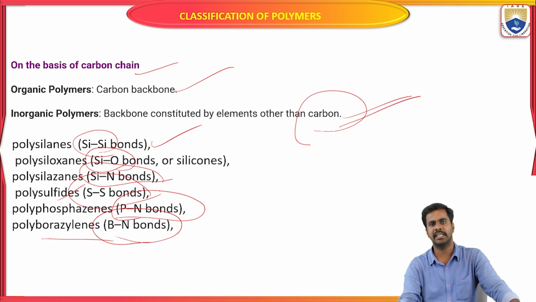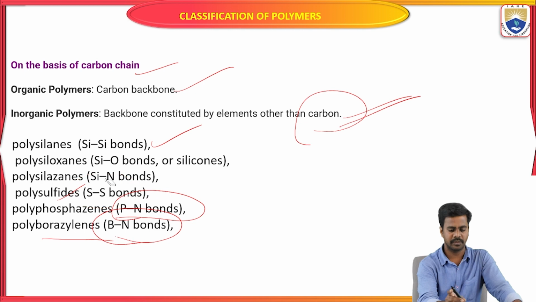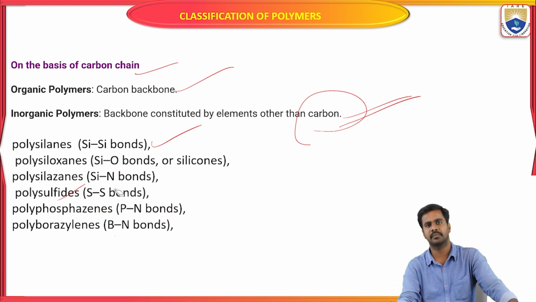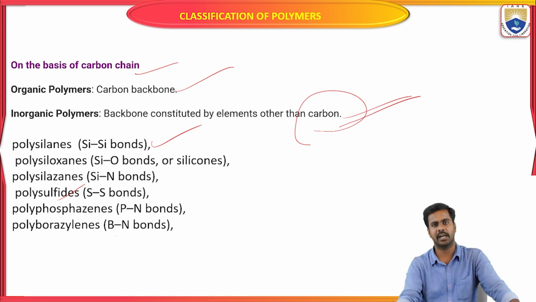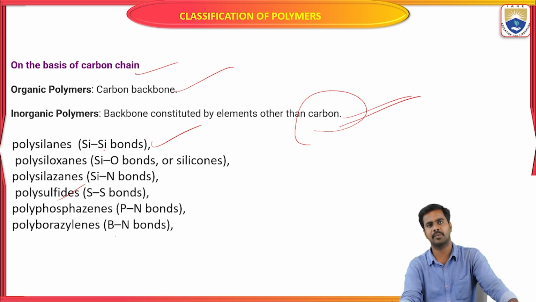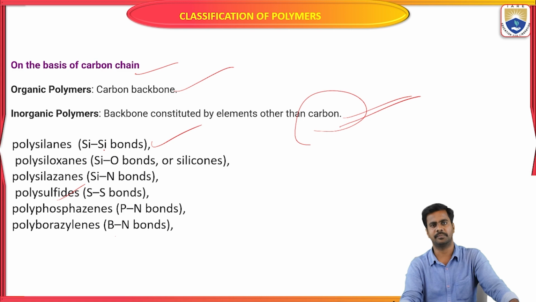So if you see all these compounds, there is no carbon. There is no bond present between carbons. Here different types of elements are present in the monomeric units, and bonding also takes place between the different elements but not carbon.